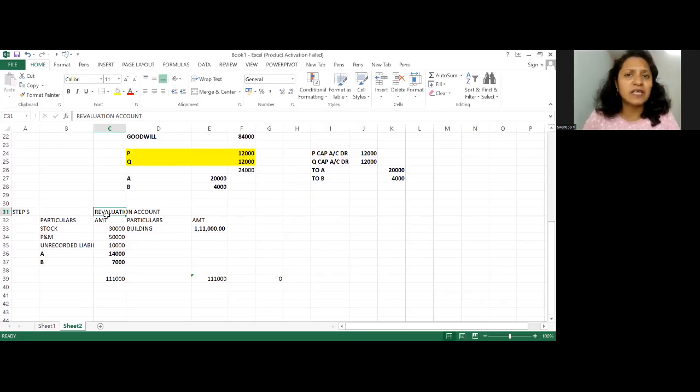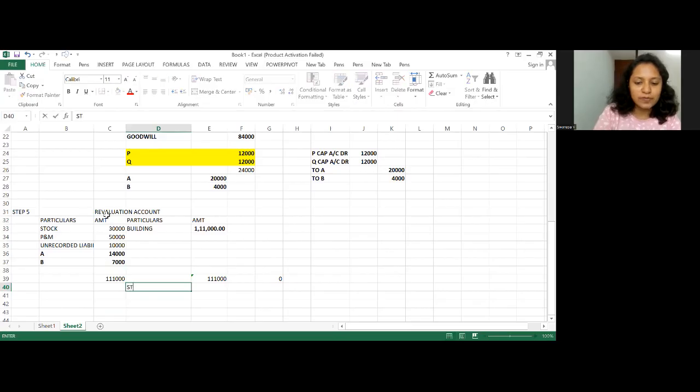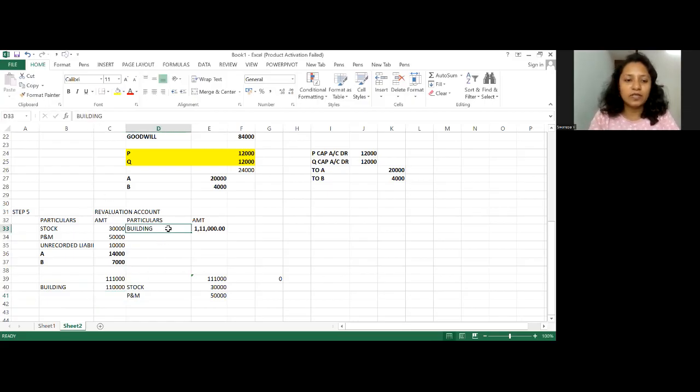But when it is mentioned separately and clearly that the revaluation impact should not come into your balance sheet, we'll have to reverse the entry. So we'll just bring down the entries that we have made just now. If you see, I am just bringing down the entries.